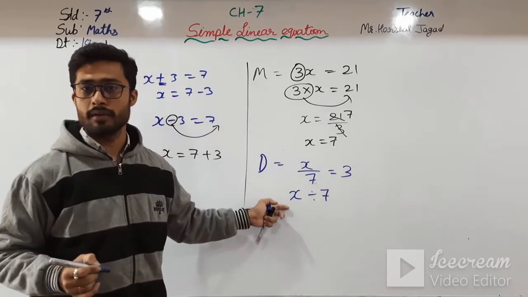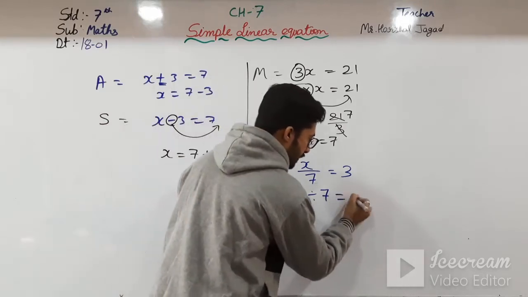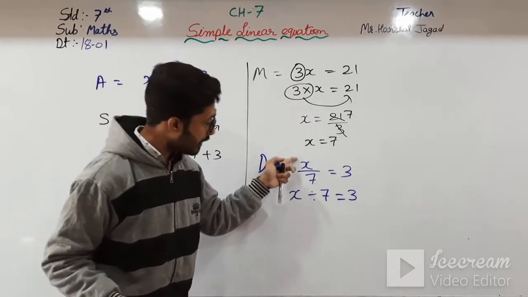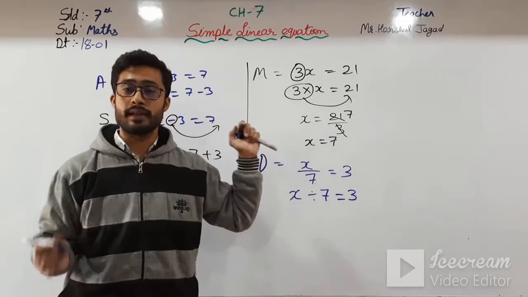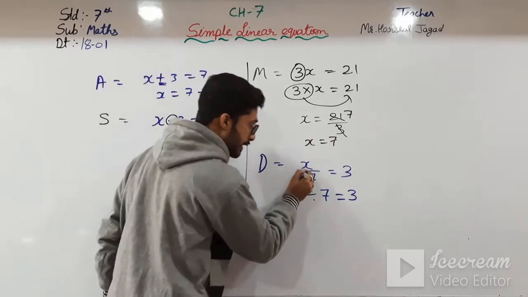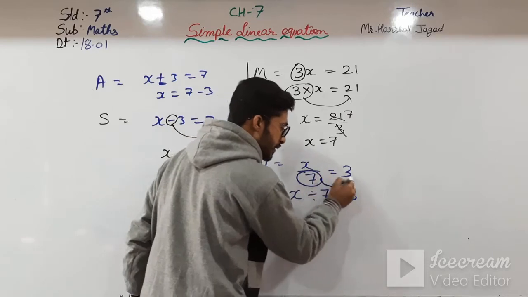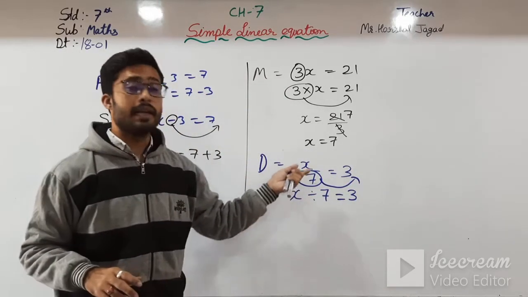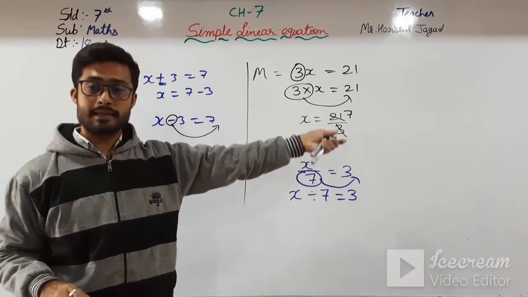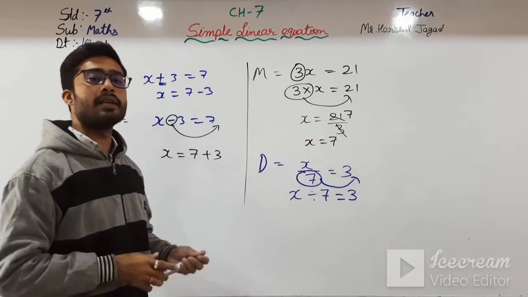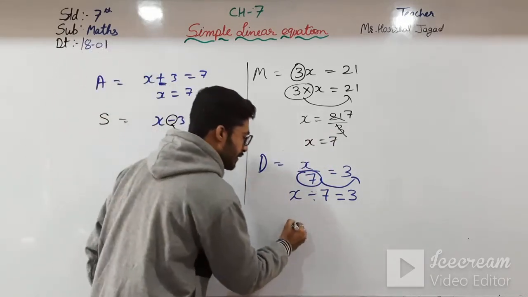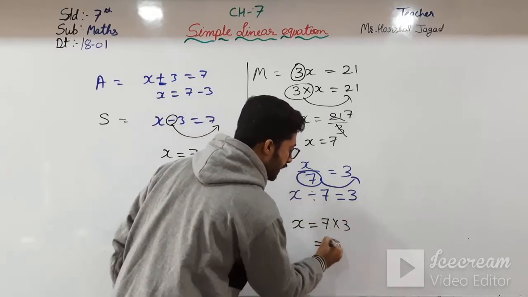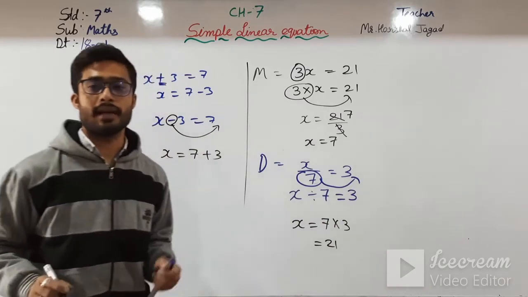Yes or not? Yes, we can write this x divided by 7, or we can also write x by 7 is equal to 3. Then you can see this is in division. When it moves towards this side, we know that when it is in division, if it goes towards the opposite side, then it will be in multiplication. So x is equal to 7 into 3, that is 21 is our answer.